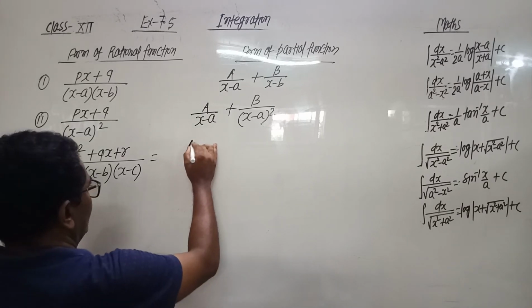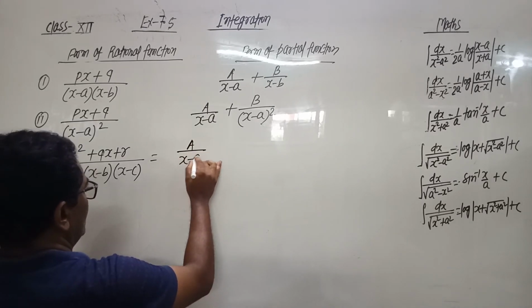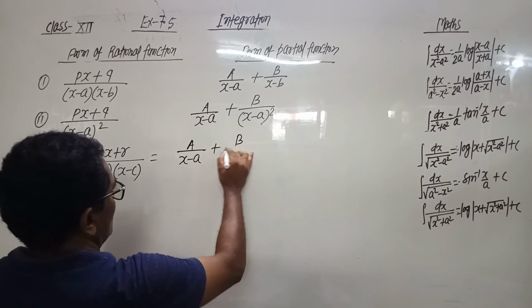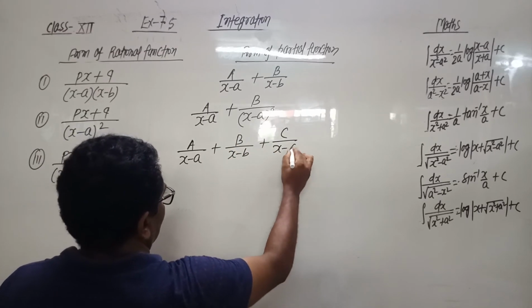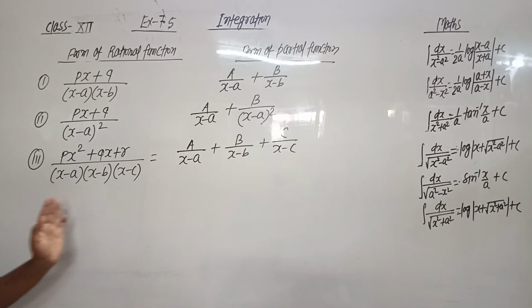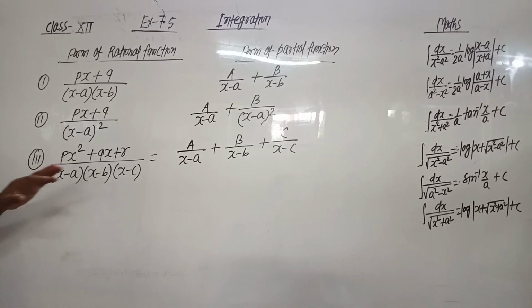So this would be written as A upon x minus a plus B upon x minus b plus C upon x minus c. Then we take the LCM and compare the coefficients, we get the values of A, B and C, and then we put the values of A, B, C and integrate.